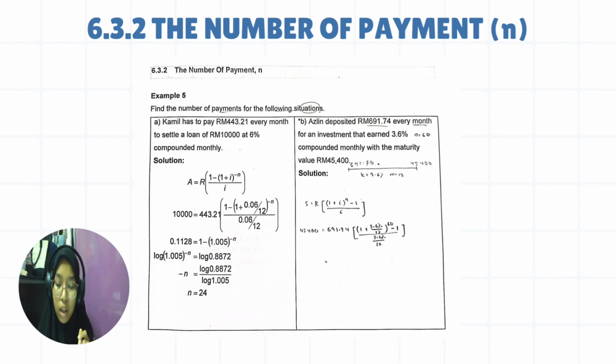This question already gave us R, A, and I. So from these, we can solve for the power N and find the number of payments, N. To do this, we have to use log, move the power down, and we can find N.